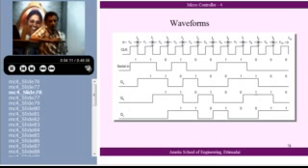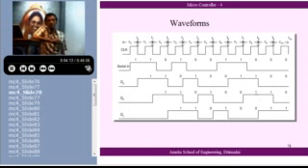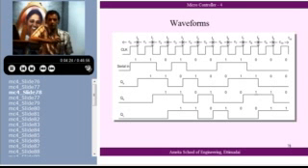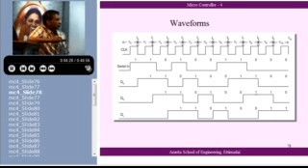Now let me take QA. QA has the J and K values decided by serial data. Any change in flip-flop A will take place at the negative clock edge. See here, this is the negative clock edge. At that time, data is 1. QA will become 1. That's all.